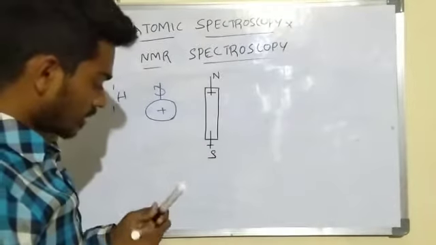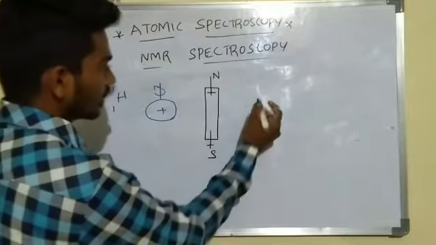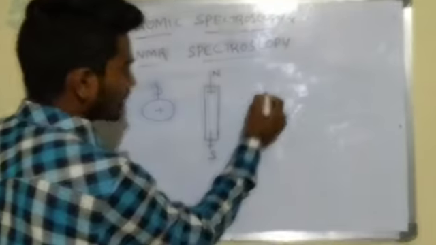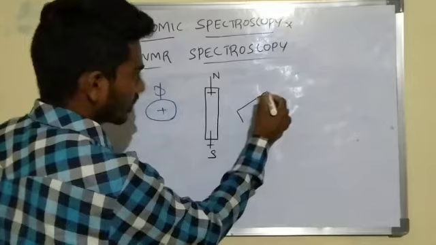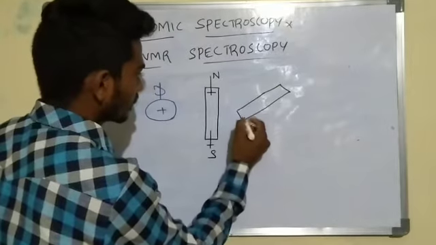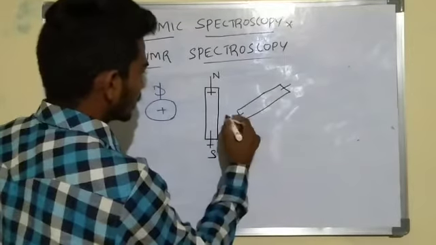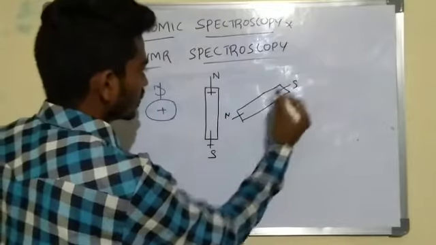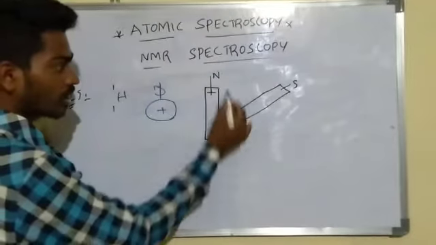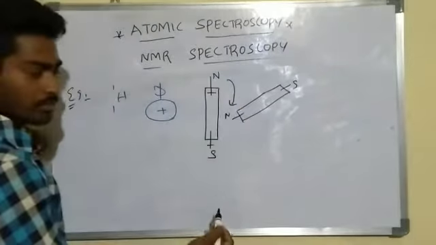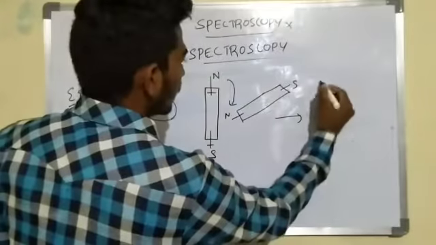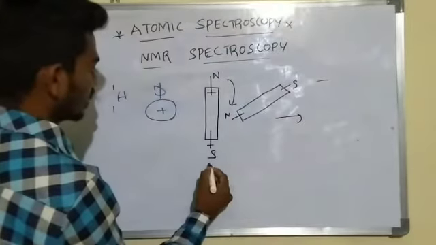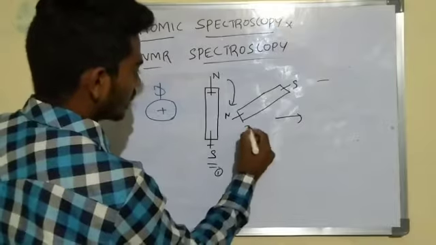Another nucleus we are providing here. This is the north pole and this is the south pole. Here, north pole and north pole repel each other. This is the first magnet and this is the second one.